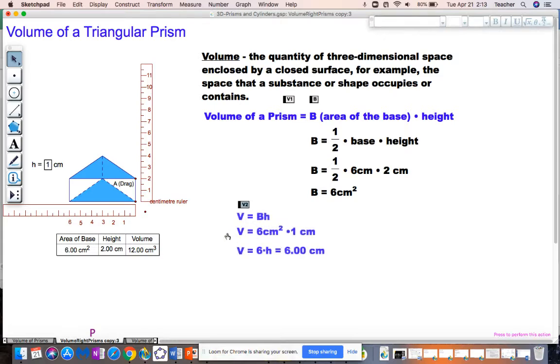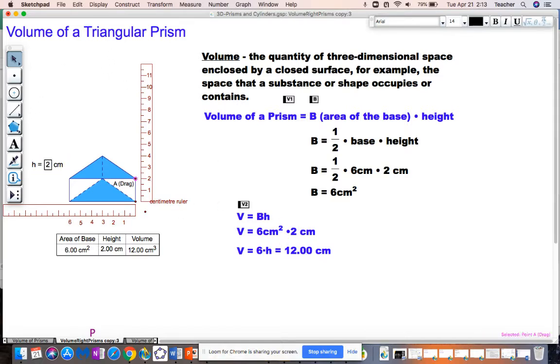Okay, so for this specific example, the height was 1. The area of base, again, is always going to be 6 because the triangle doesn't change. And the area of that is 6. All right, well, let's say we change the height to 2. So if the height of the prism is 2, then all of a sudden that 6 times 2, that's going to be 12.